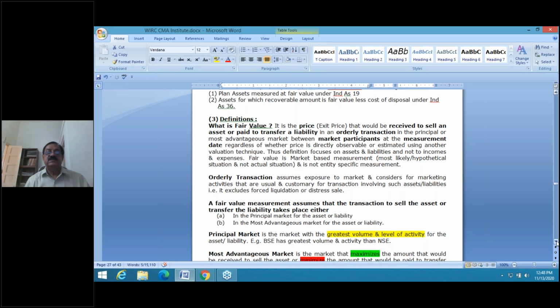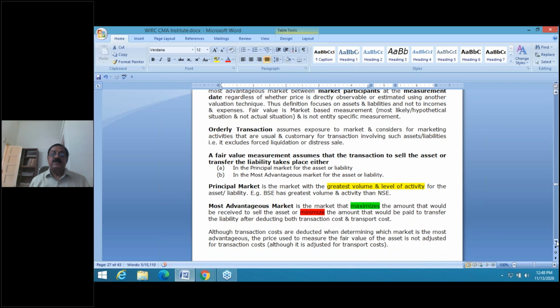So usual and customary transactions are included in an orderly transaction as defined. Okay, then fair value measurement assumes that the transaction to sell the asset or transfer the liability takes place either in the principal market or the most advantageous market.